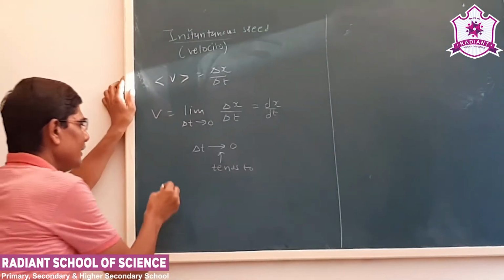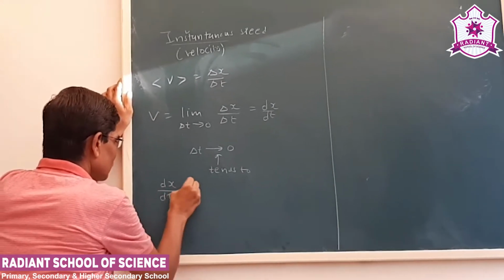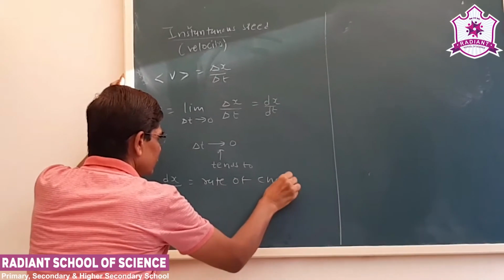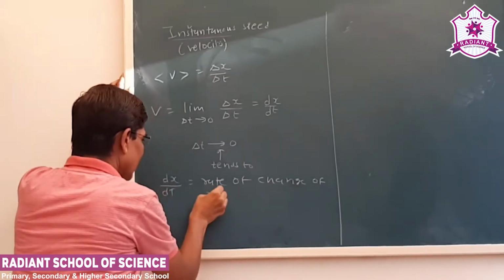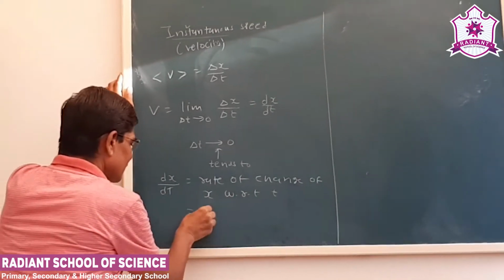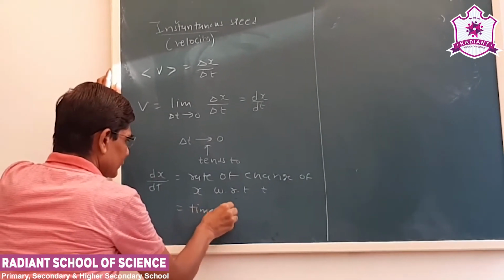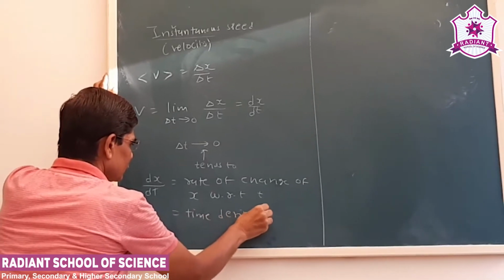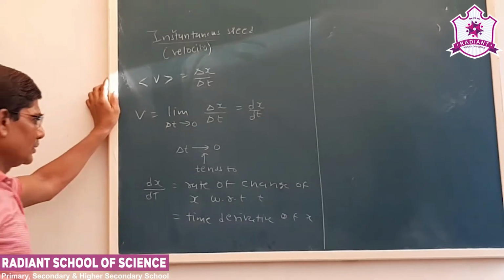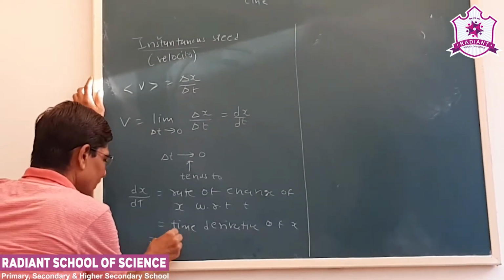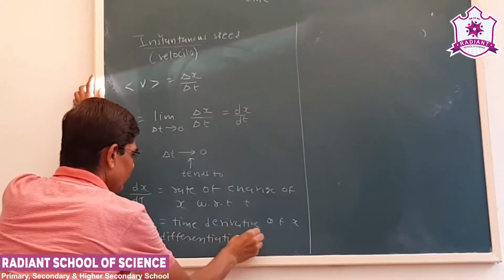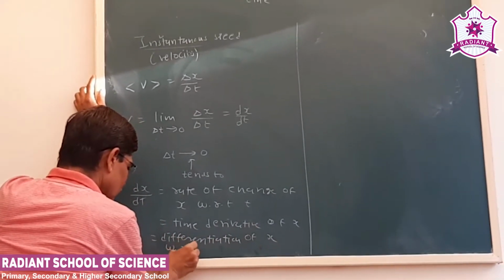Now see, dx upon dt shows the rate of change of x with respect to t, or we say it is a time derivative of x. Okay, or it is called differentiation of x with respect to t.